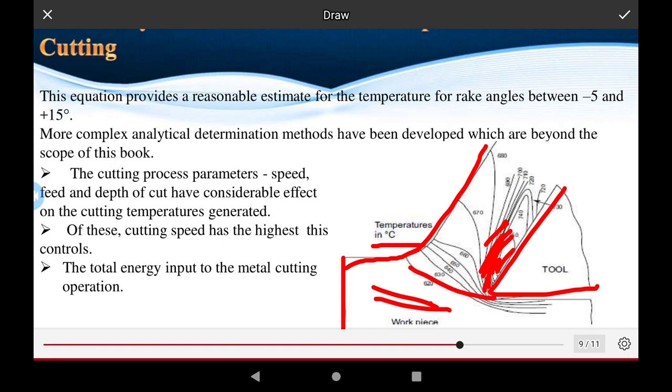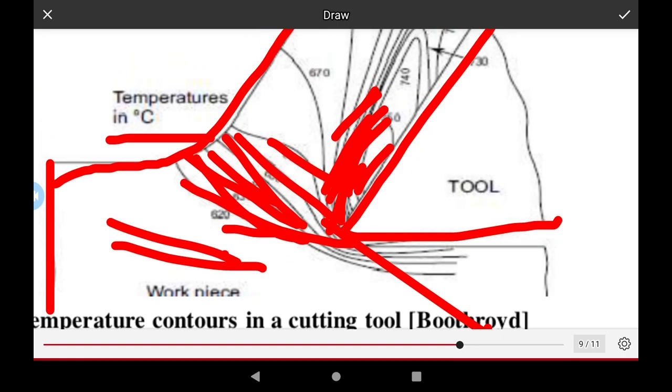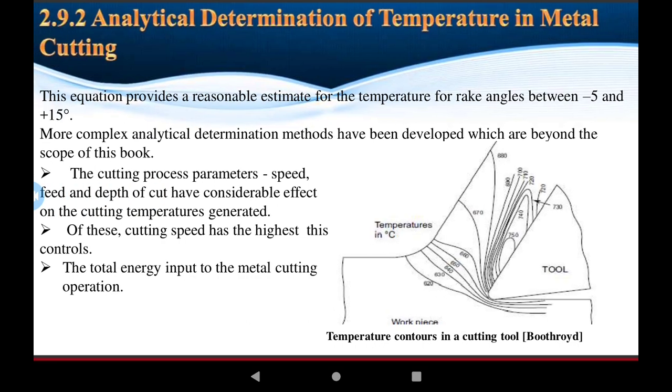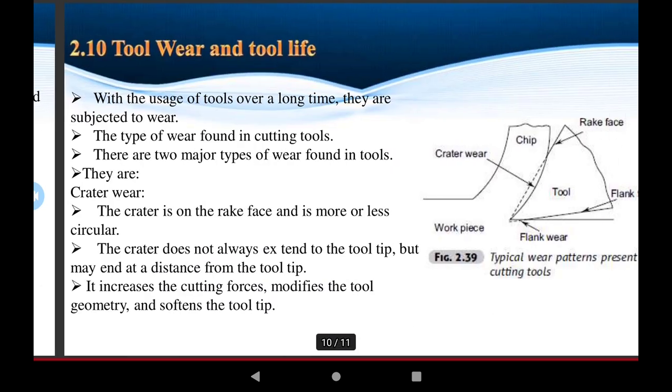This is the shear zone, where the mechanical energy is converted into heat. The heat is generated at this point, at the tool tip, due to friction.